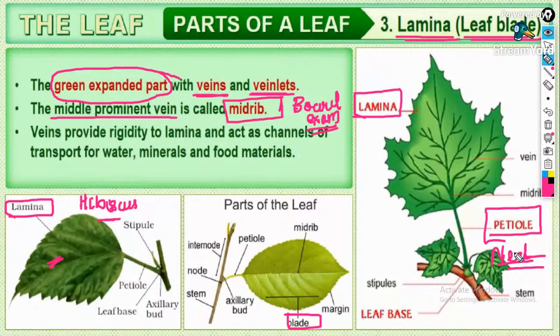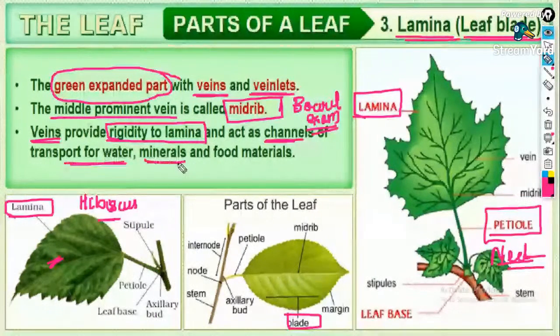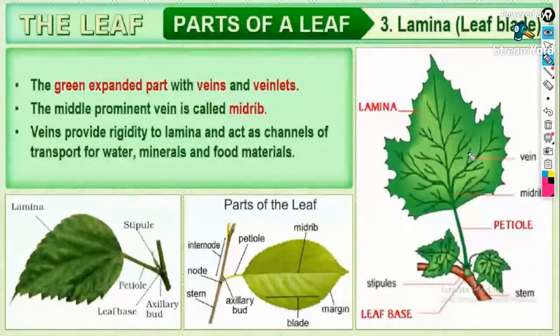So veins, what is the function of veins? Veins provide rigidity to the lamina. They act as channels for the transport of water, minerals and food material. When I told you about the veins, certain students were thinking, is it to supply blood, like arteries?